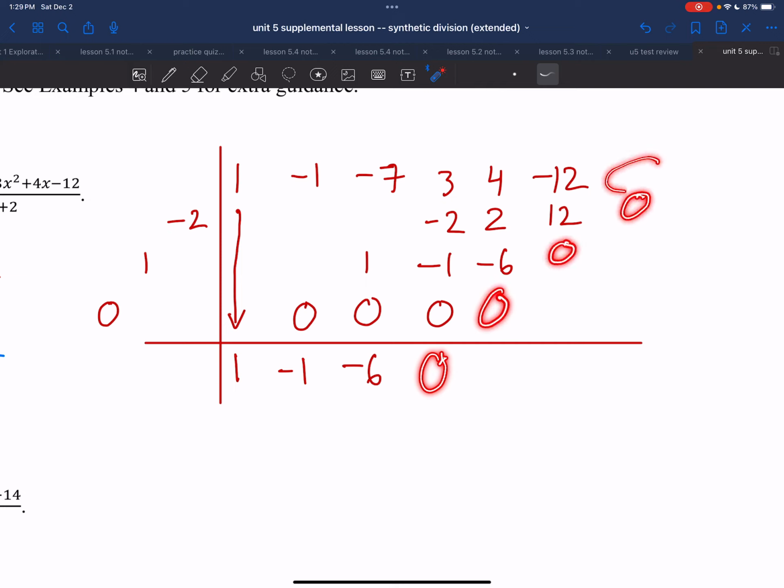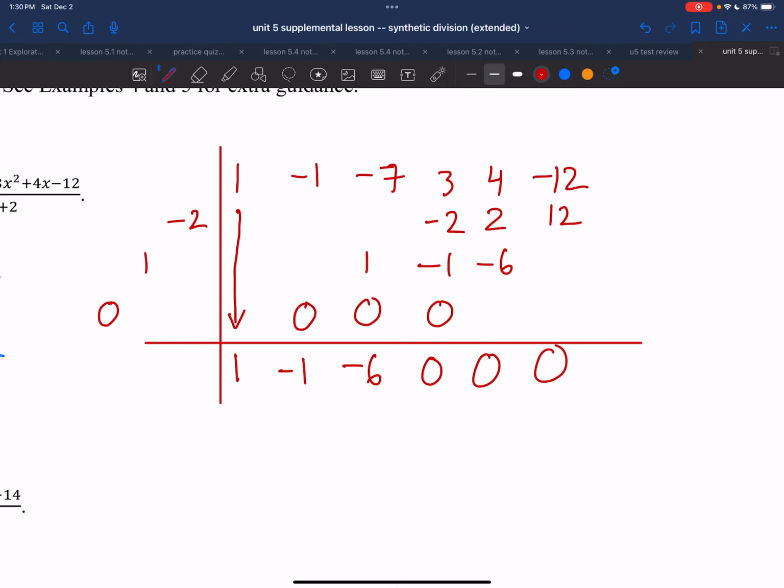But I didn't have a coefficient here, so that means you stop. If this diagonal bleeds into an empty space, that means you're done and you don't actually make that diagonal there. And so for the rest of the terms, you just add. So from here, 3 minus 2 minus 1 is 0. 4 plus 2 is 6, minus 6 is 0. And 12 minus 12 is also 0.